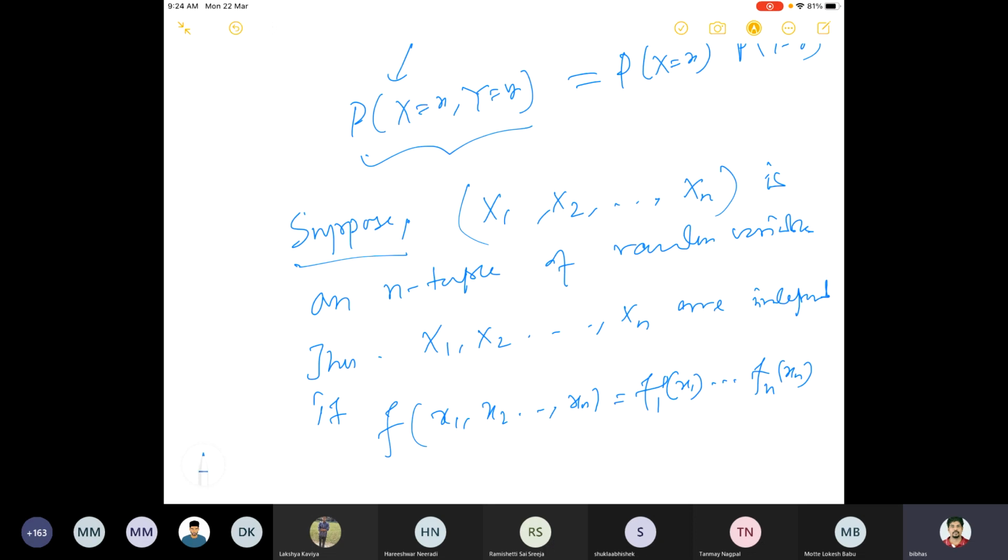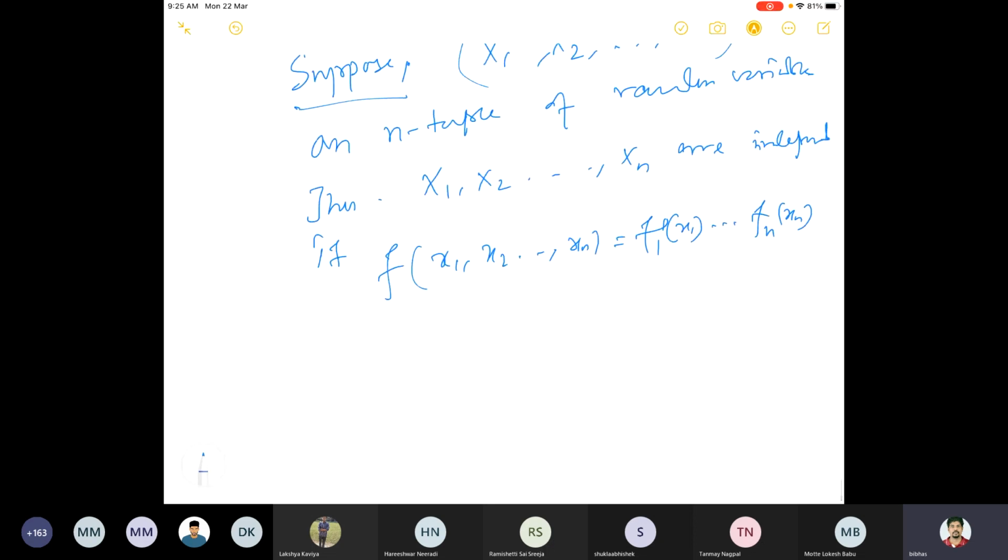For example, we introduced the expectation, or expected value, of a random variable, and moments around the mean, or the central moment. Now we'll introduce similar concepts for a pair of random variables, because these are the measures which will quantify different values associated with a pair of random variables. Let us do that.